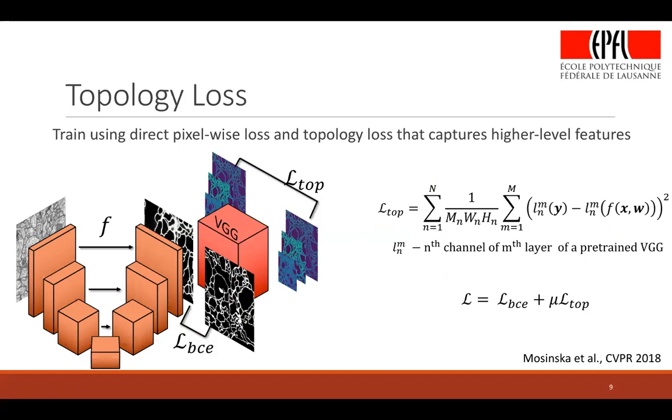In order to do that, we use a pre-trained network, in this case VGG, to extract features from both prediction and ground truth, and then we compare those two sets of features using just mean square error. And in the end, we train our network using a combination of binary cross-entropy, the pixel-wise loss, and our topology loss, which compares the higher level features of prediction and ground truth.